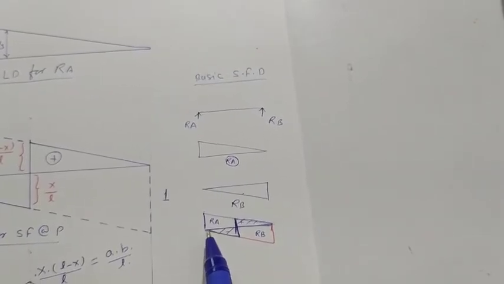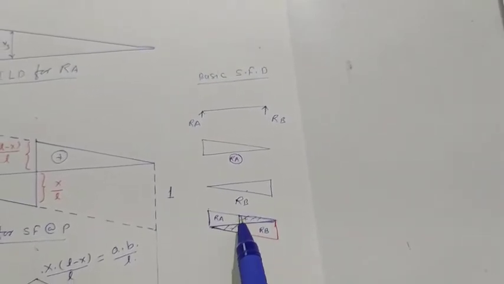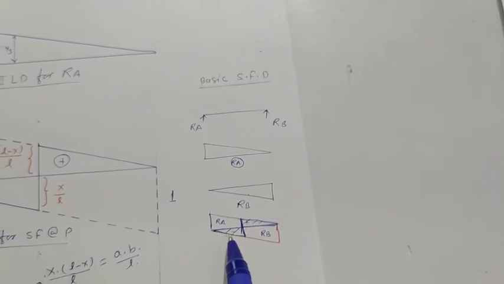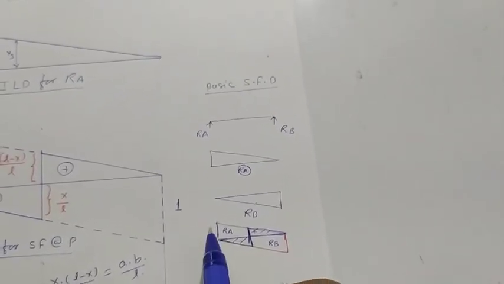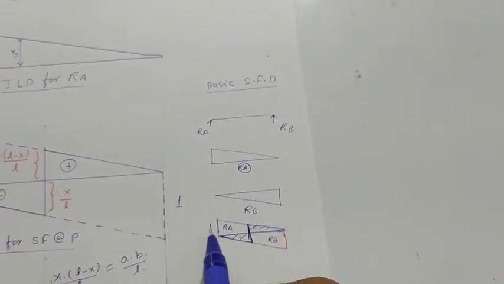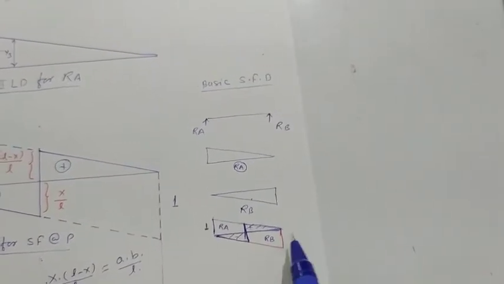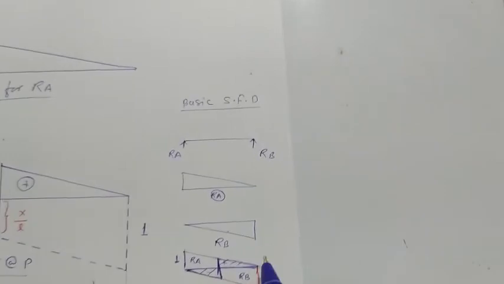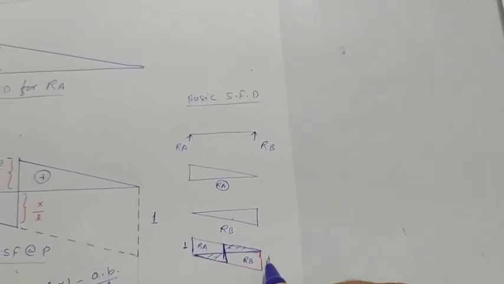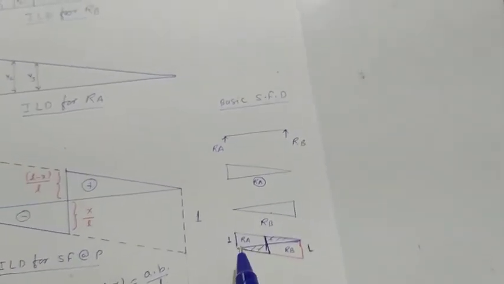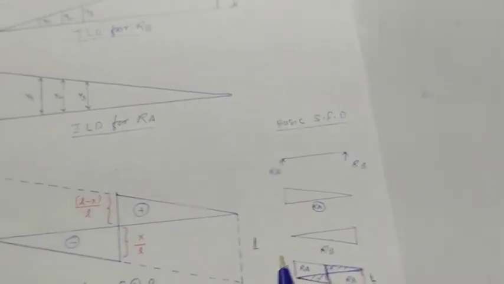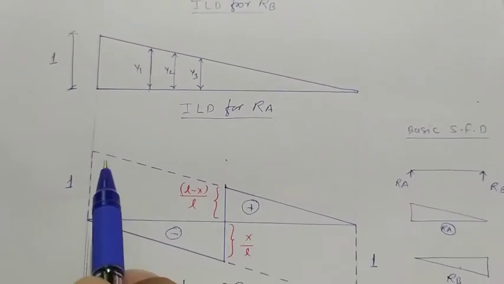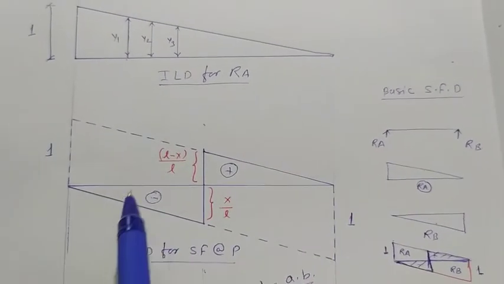Now if I draw a triangle like this, this becomes my shear force diagram. This ordinate was 1 and this ordinate was 1. This is my reaction at point A and this is my reaction at point B. So this is the basic of the shear force diagram.